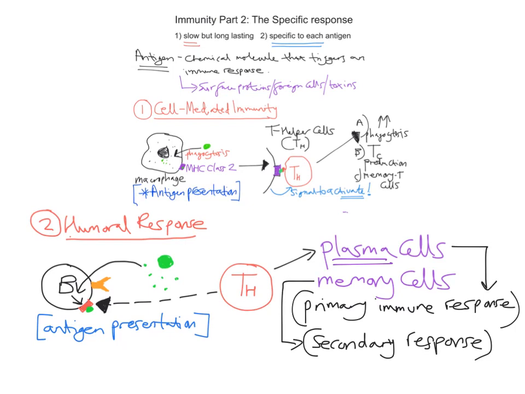And then in the humoral response, we use those activated T helper cells to activate specific B cells. And those specific B cells will undergo clonal selection and will form plasma cells, which will go on to secrete specific antibodies, and memory cells that remain in the blood should we get an infection a second time. Okay, hope all that helps.